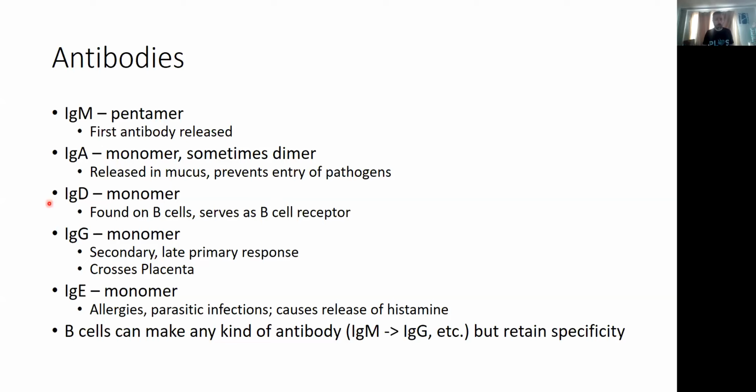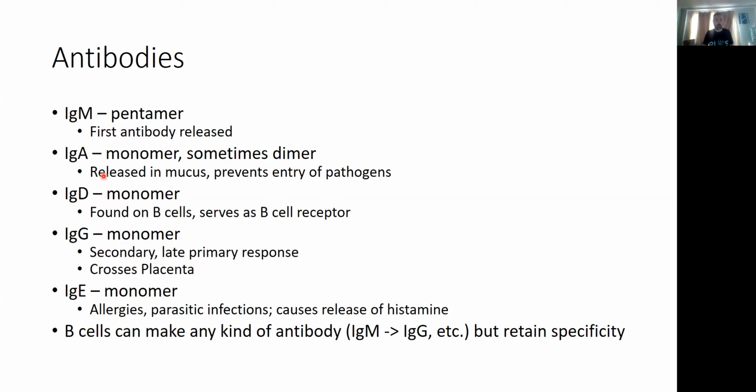IgD is also a monomer, and this is what we use on B cells as the B cell receptor. So when we talk about binding to a class 2 MHC on a B cell, this is what the IgD does. Our IgG, also a monomer, this is the secondary and late primary response.